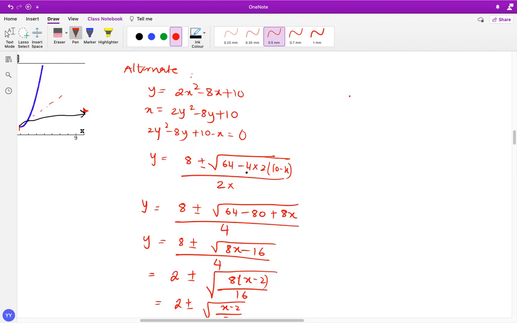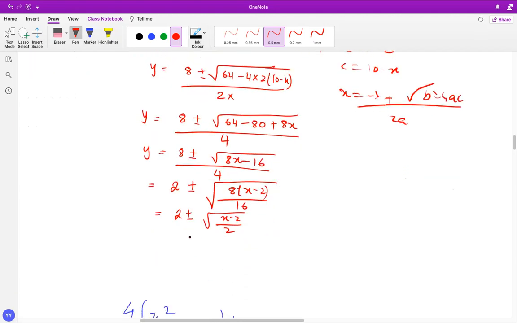Then you can use the quadratic formula to solve. So here, a is 2, b is negative 8, and c is 10 minus x. You could just use the quadratic formula, negative b plus or minus the root of b squared minus 4ac, over 2a, and eventually get the same answer which you got through the perfect square. So that's how you do the inverse of a quadratic function.